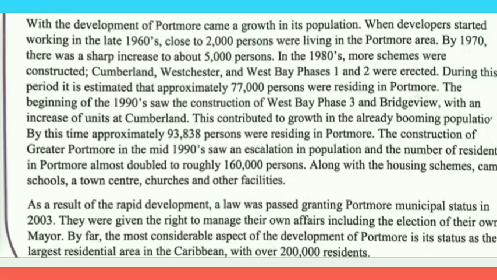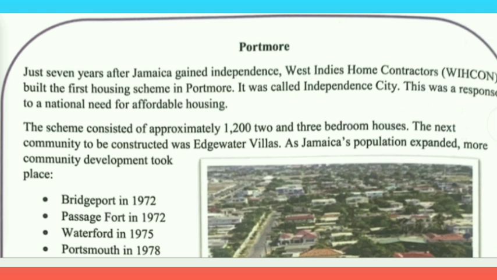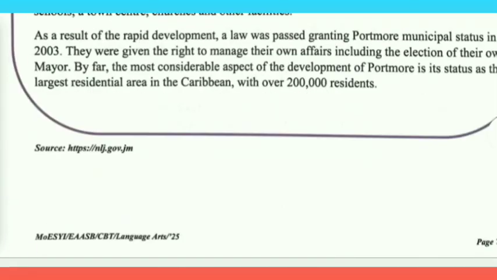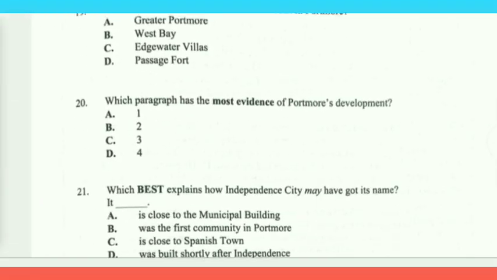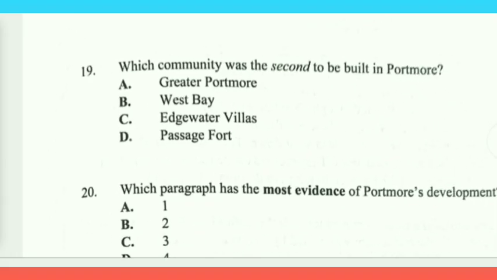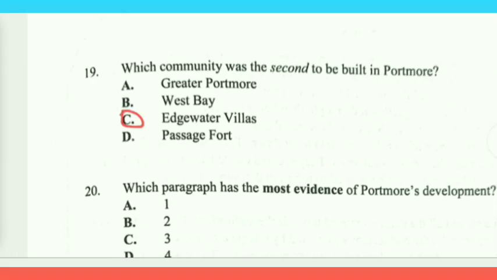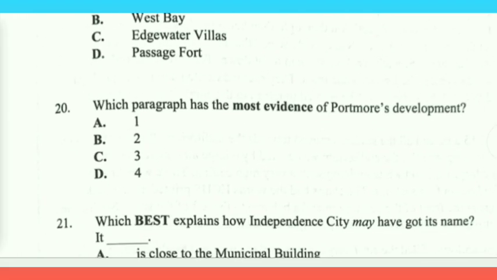All right, so right up here, the next community to be constructed was Edgewater Villas. Let's see if we're finding Edgewater Villas. And here we have it at C. Edgewater Villas was the next one, or the second one. Which paragraph? Number 20. We're halfway there.